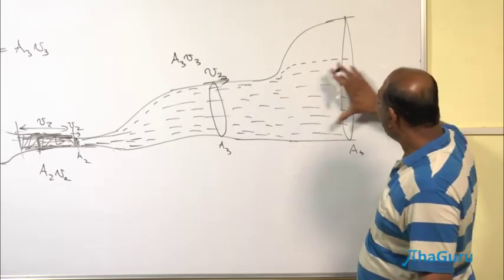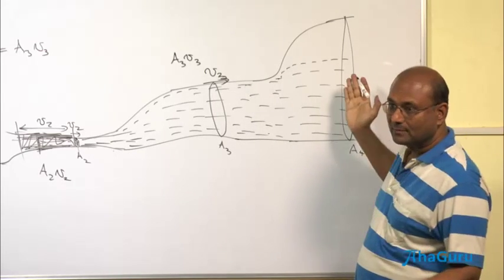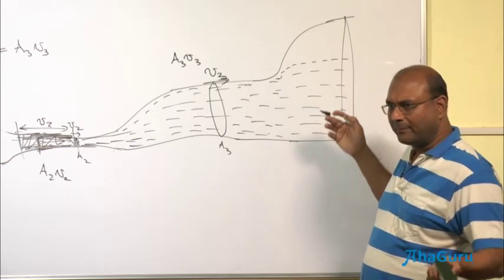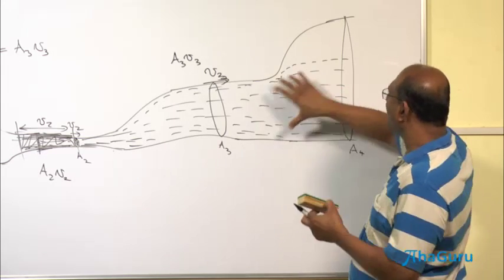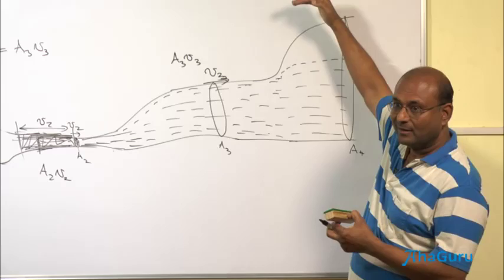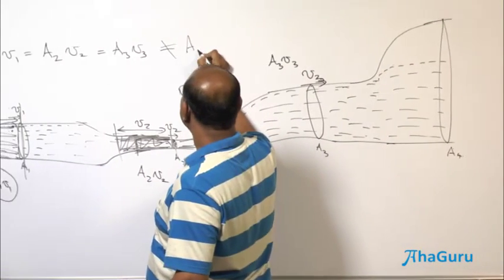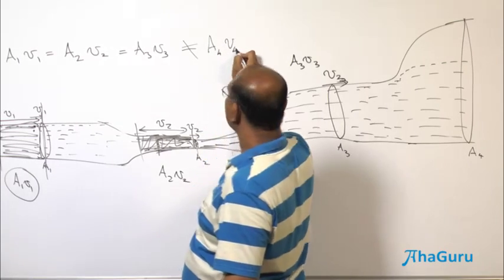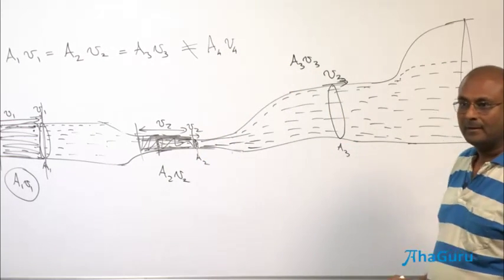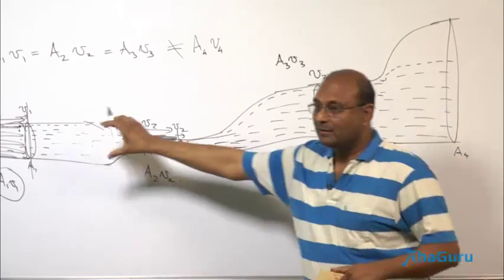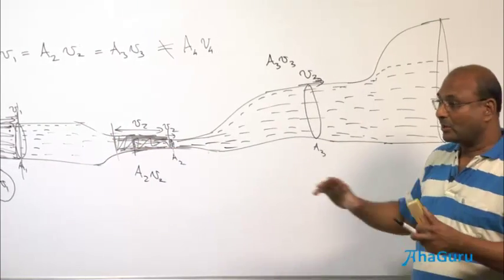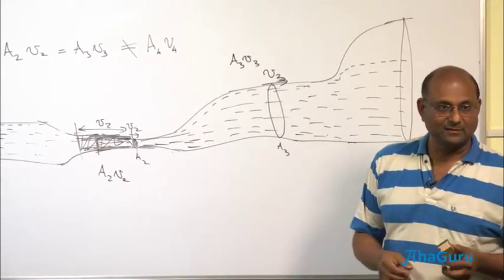Because now suppose I blocked this one, velocity is 0. Is there a problem? No problem, because as the water comes in, it will start to rise up there. So you can't conclude that this is A4 V4. You can't say that. So when can you say it? When the area of the cross section does not increase.